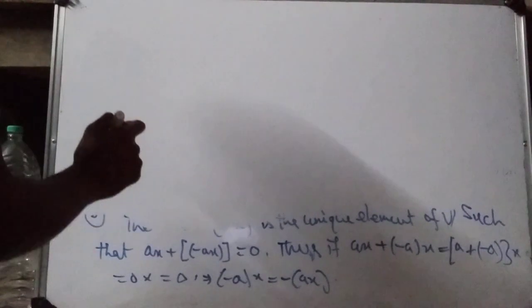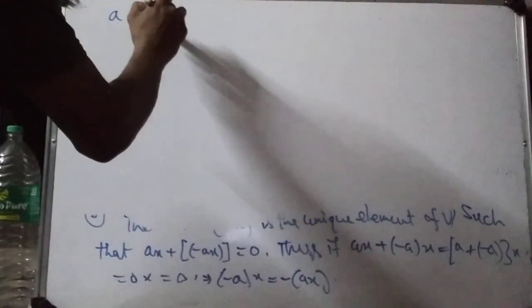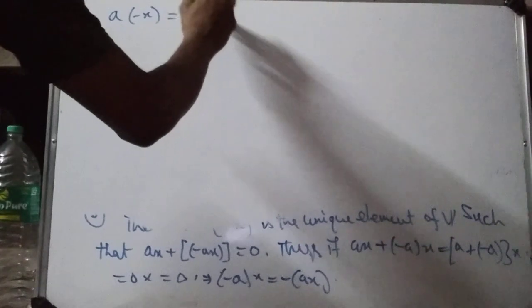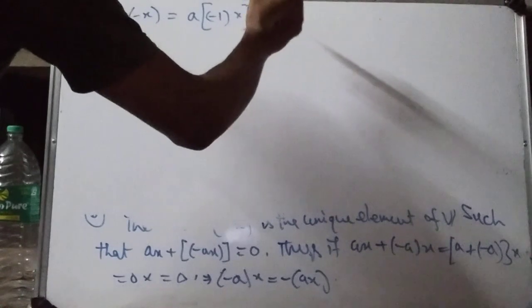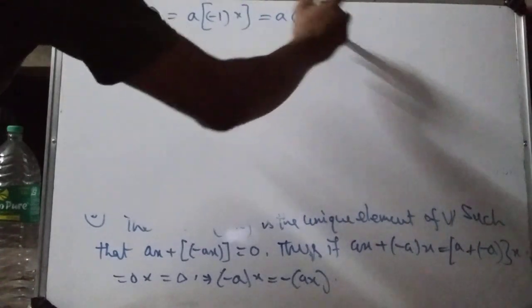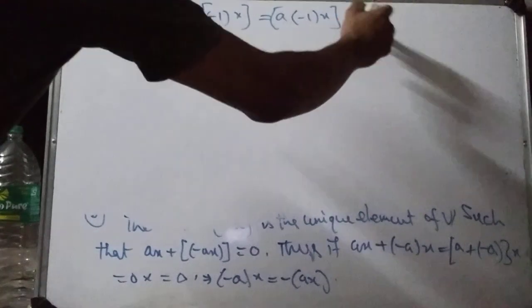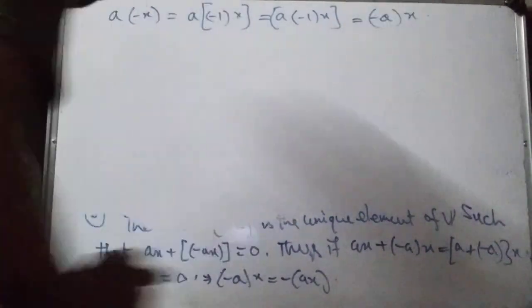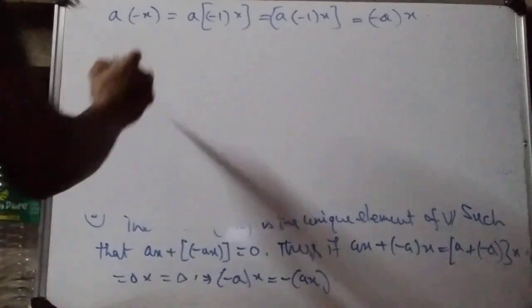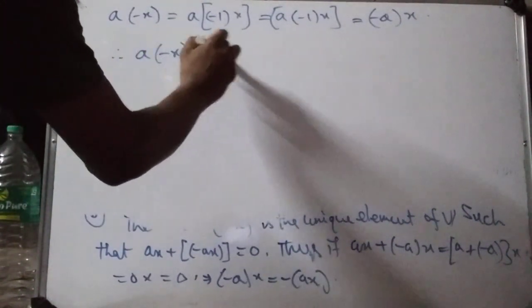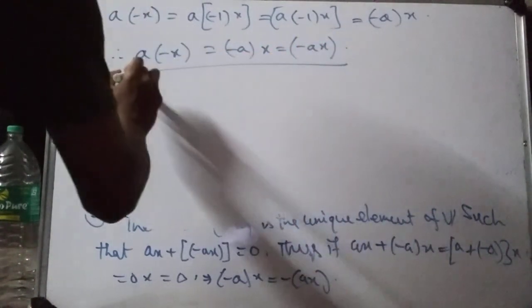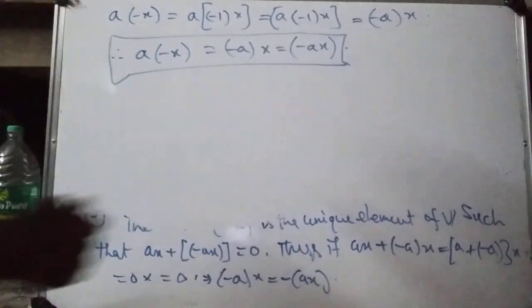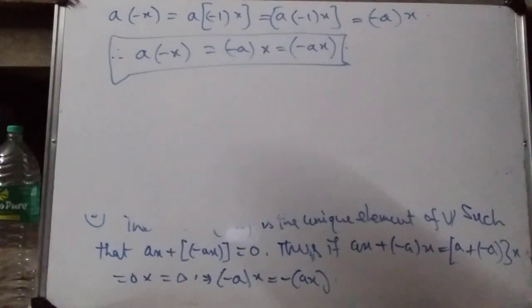Here we write it this way: a multiplied by minus x equals a times (minus 1)x, equals (a times minus 1)x, equals minus ax. Then a multiplied by minus x equals minus ax equals minus of ax. I think all of you understood that portion clearly. Not a problem at all.